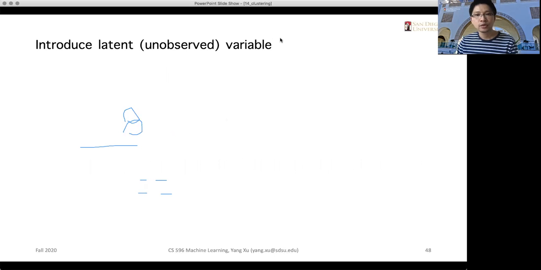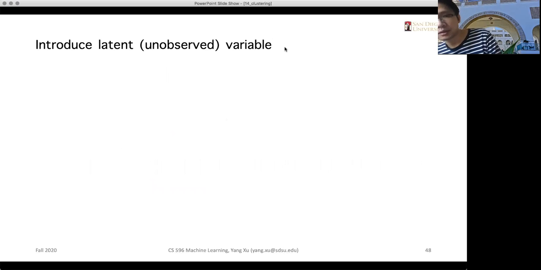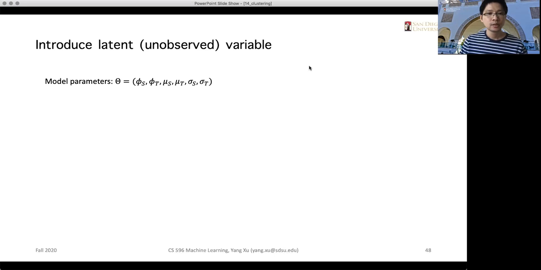In order to model this problem with mathematics, we need to borrow some latent variables to help us model the whole process more properly. Now the parameters are here: the phi, the t, the mu, the sigmas.